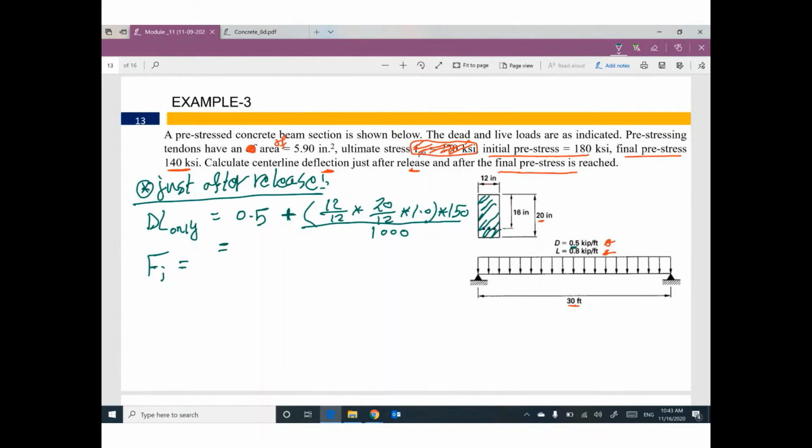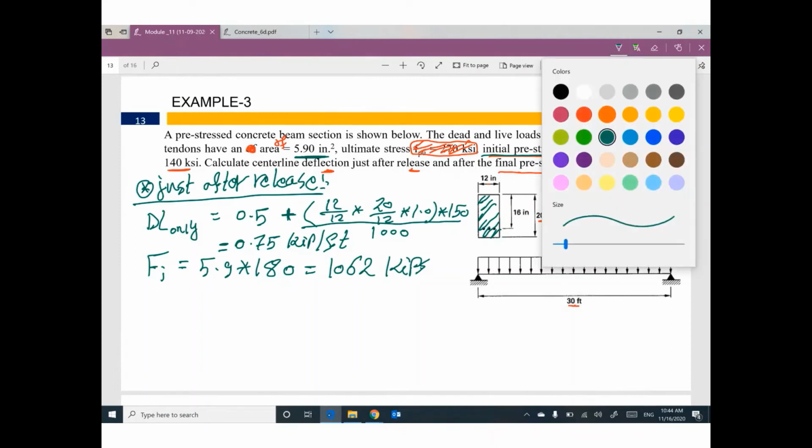The final value for the dead load will be 0.75 kips per foot. The initial pre-stress force equals the area of the tendons, 5.9, times the initial pre-stress, 180. So 5.9 times 180 equals 1062 kips.